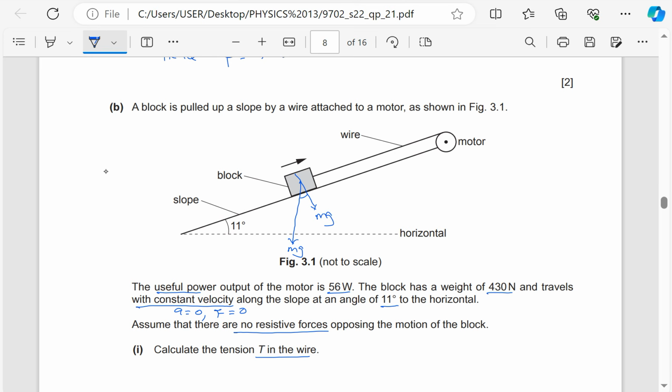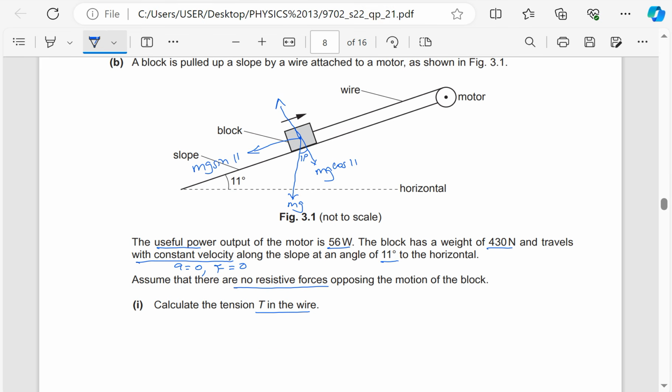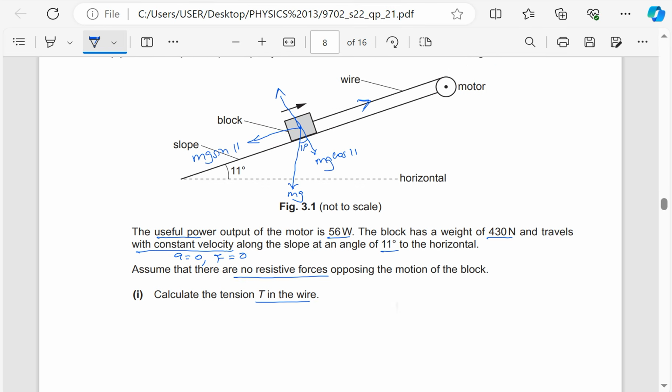Remember, this angle is going to be 11 degrees. So this is going to be mg cos 11, which balances with the force acting upwards. And there will be a component of mg parallel to the plane, which is going to be mg sin 11. So mg sin 11 balances the tension in this wire so that there is no resultant force along the plane.